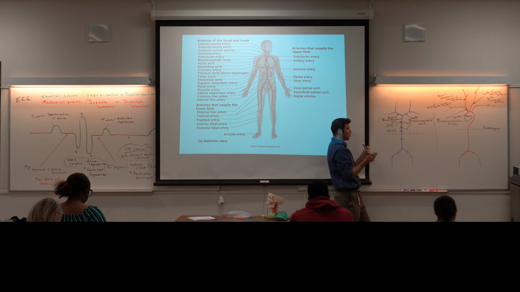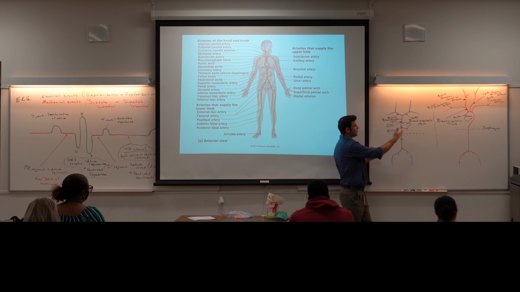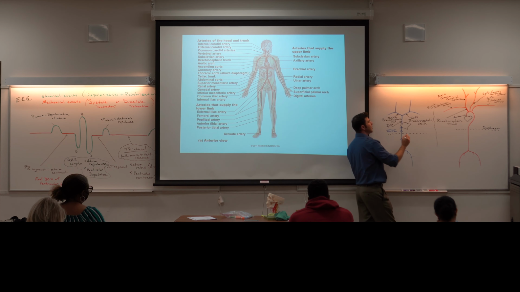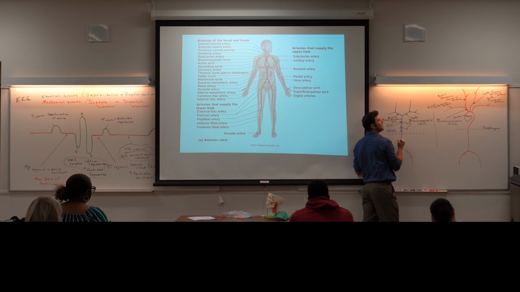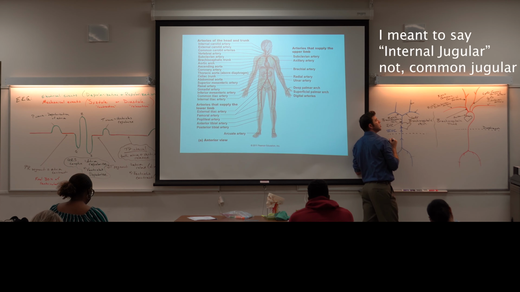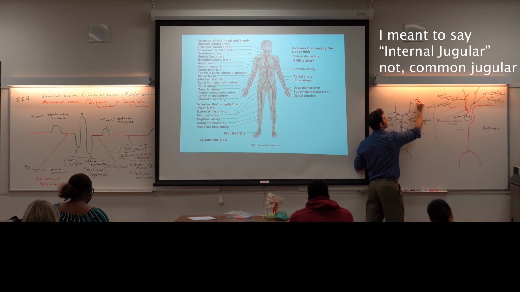And if we follow either one of those brachiocephalic veins out, let's just follow the one on the left side, for example, it's going to branch into this left subclavian vein and left common jugular vein. This one would be our left subclavian.